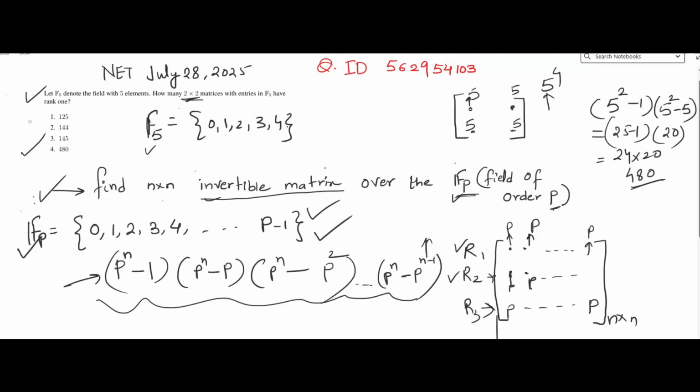Now I want a matrix with rank 1. So from 5 raised to 4, which is 625, I'll subtract 480. That gives 145. But in this 5 raised to 4, which is the number of 2 cross 2 matrices, I'll have this kind of matrix also, the zero matrix, which is a matrix with 0 rank.